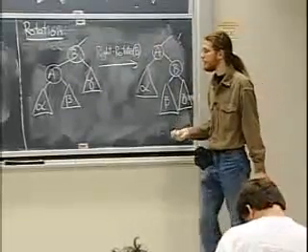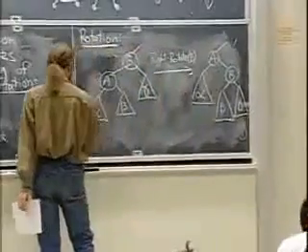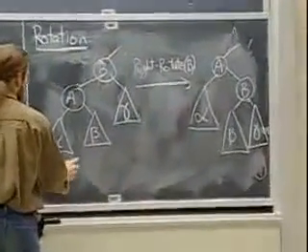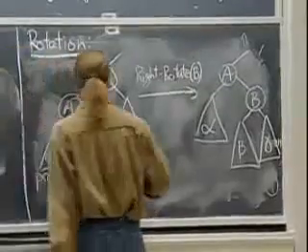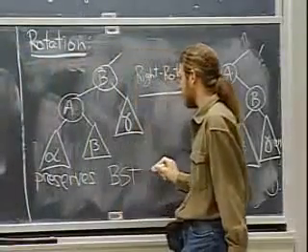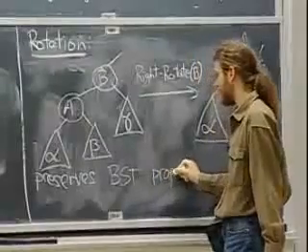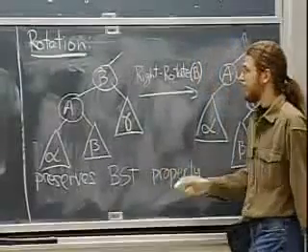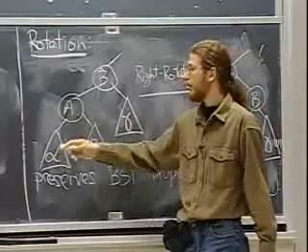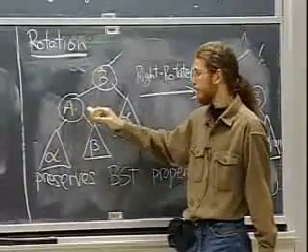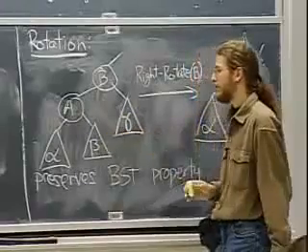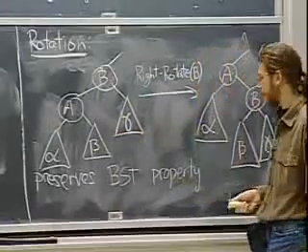Okay? The main thing we want to check here is that this operation preserves the binary search tree property. Remember, the binary search tree property says that all the elements in the left subtree of a node are less than or equal to the node, and all the elements in the right subtree are greater than or equal to that value.